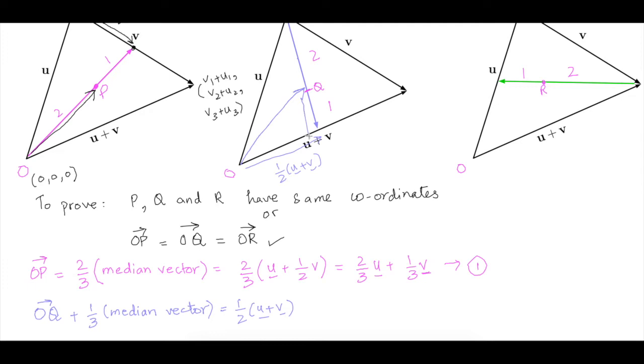Because this is 1/3 the median vector. I'm just writing MED to save some space here. So what is the median vector? Let's go on the star side. The median vector is half U plus V minus U, just by vector addition here. So U plus the median vector is equal to half U plus V, so that's why we have the median vector here.